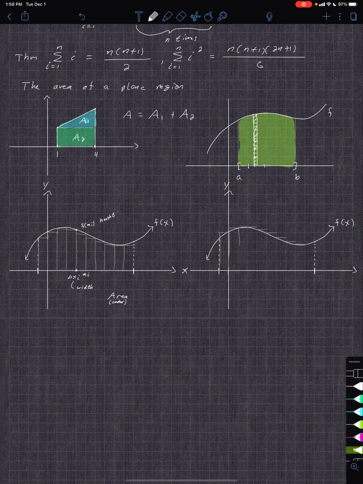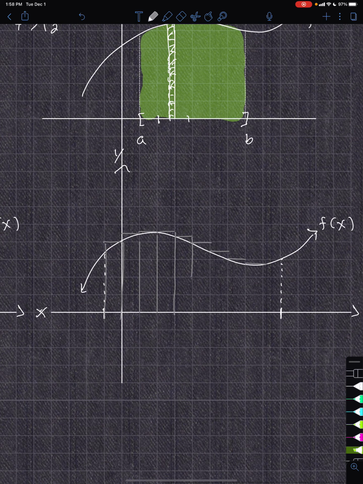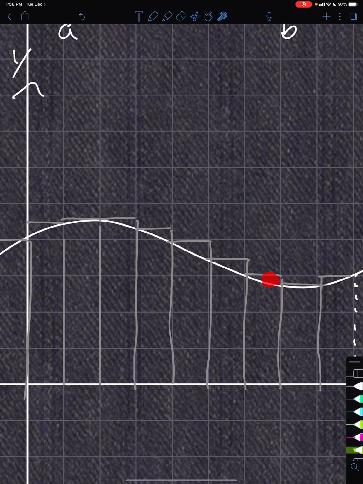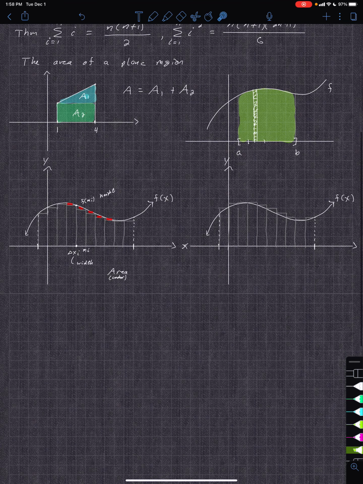All of these rectangles are outside. You can see they go above the graph, so you're overestimating the area under the curve if you do it this way. In this case over here, this is an underestimation of the actual area.